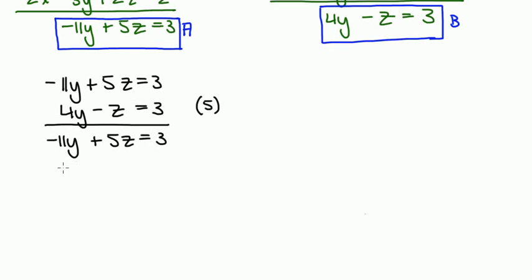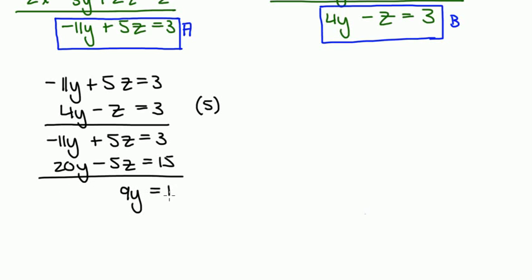Top line staying the same. Bottom line, I'm going to have 20y minus 5z is equal to 15. Plus 5z minus 5z, I just get 0, so that's what I'm looking for. 20y minus 11y, I'm just left with 9y. So 9y is equal to 18, so therefore y is equal to 2.